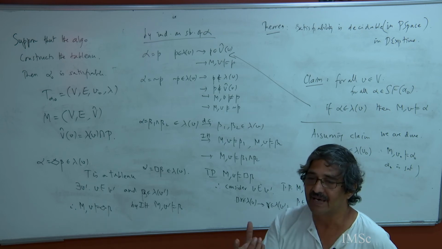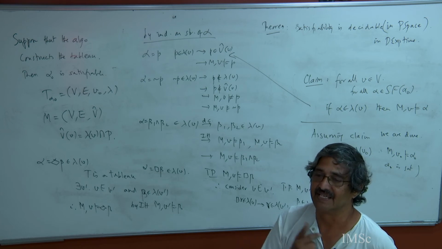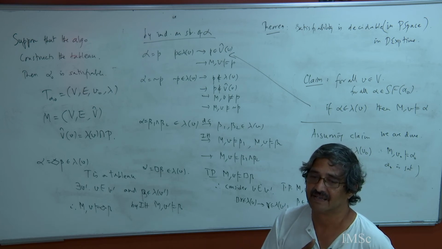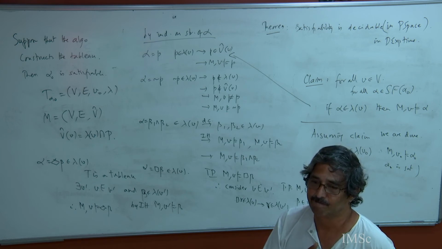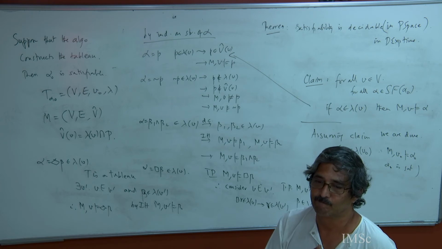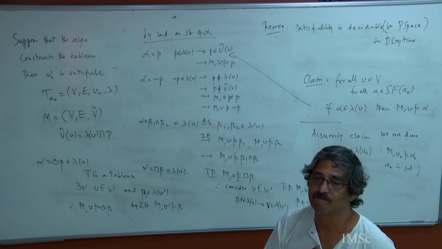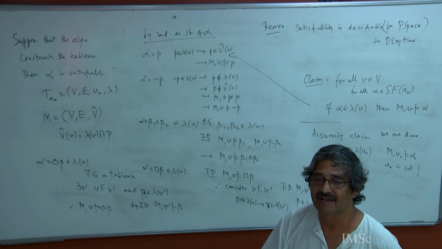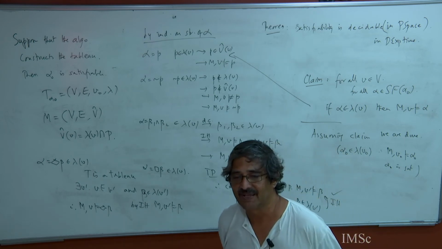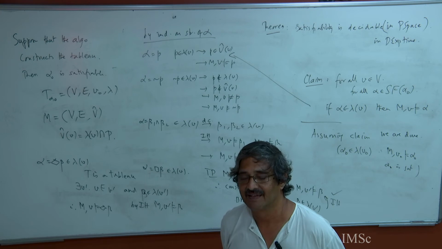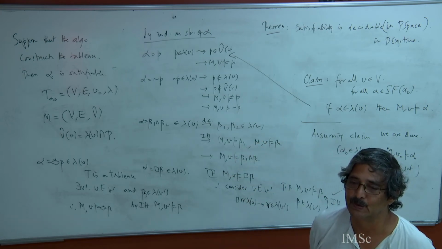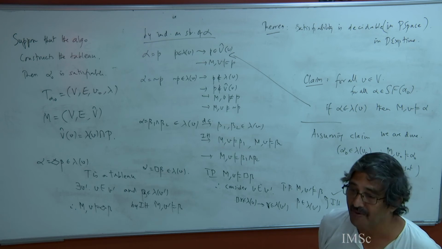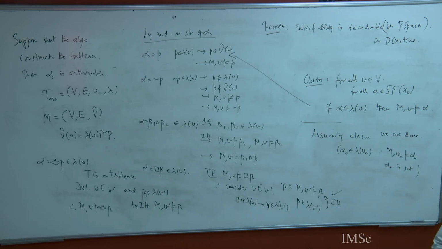What is the formula that characterizes reflexivity? We had some formula. Yes, Ananya, you had something? How do you say that your model is reflexive? Box P implies P. So in general, box alpha implies alpha.